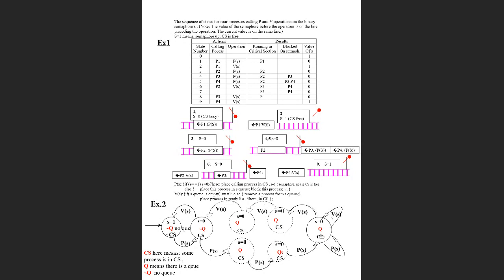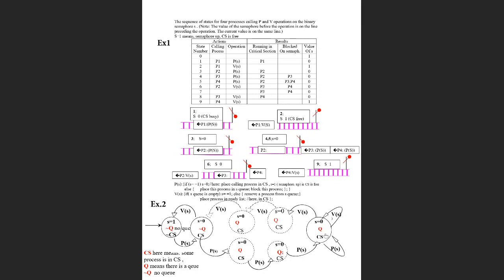So the rightmost state is still the same as previously, which means the semaphore is closed, there is still a queue, and there is still some process in critical section. We can repeat the same state several times if new processes keep coming, therefore executing P of S. This is why the rightmost state has a loop arrow of P of S. But any new process does not change the state. Only the length of Q is changing.